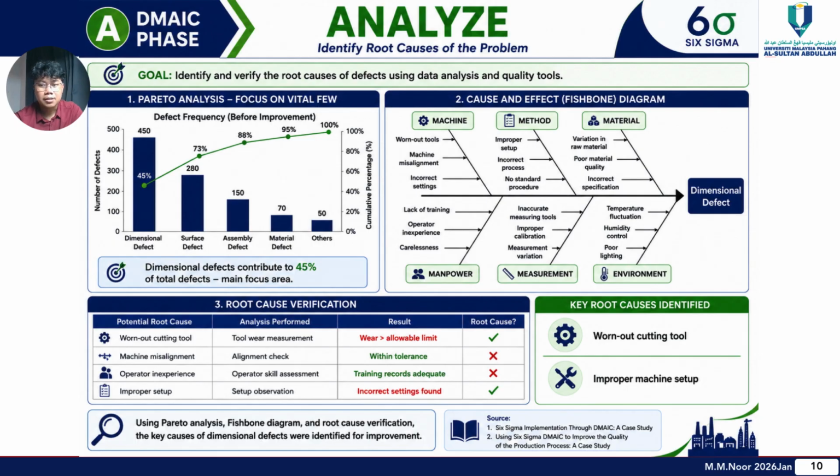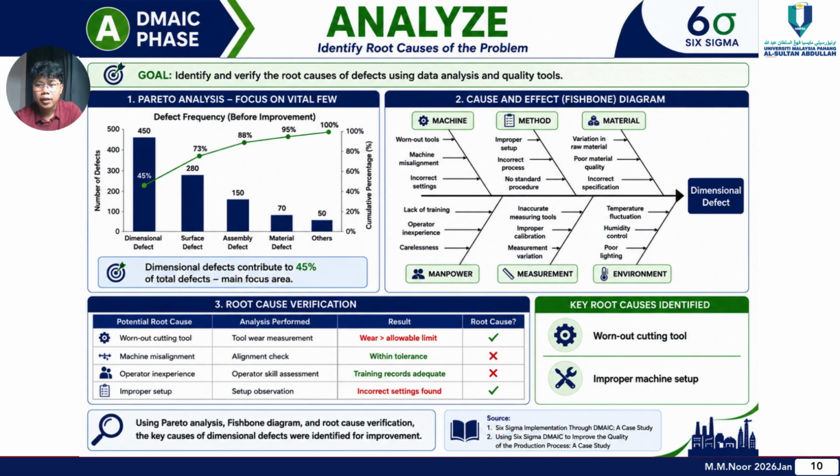Surface defects are the second highest, followed by assembly defects, material defects, and others. According to the Pareto principle, we focus on the vital few instead of the trivial many. Therefore, dimensional defects become the main area for improvement.